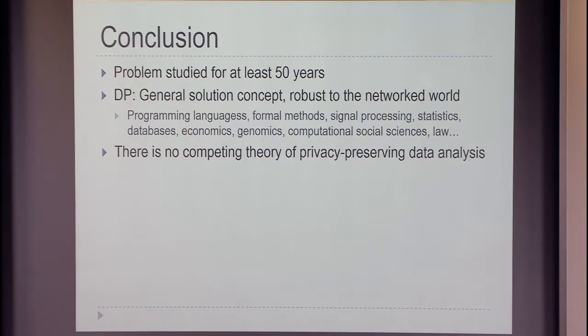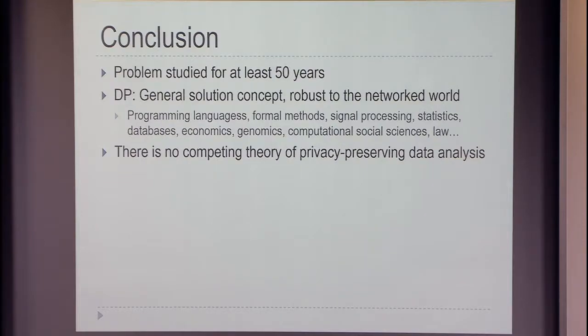Okay, so in conclusion, privacy-preserving data analysis is a problem that's been studied for at least 50 years. Differential privacy is a general solution concept, and it's robust to the networked world. There's a lot of work going on in different areas: programming languages, formal methods, signal processing, statistics, and even law.